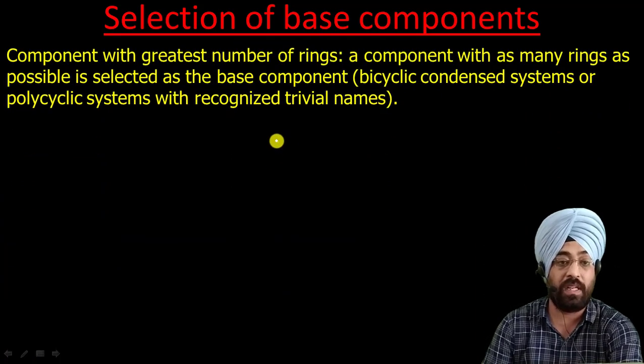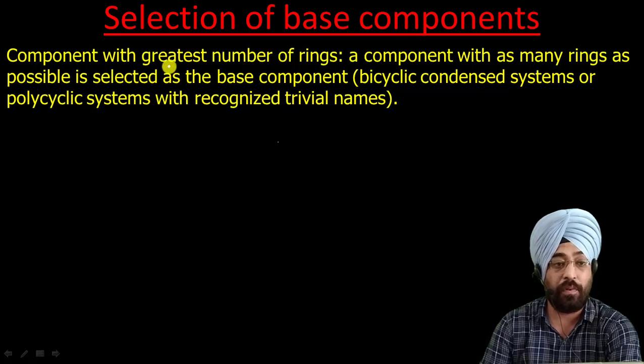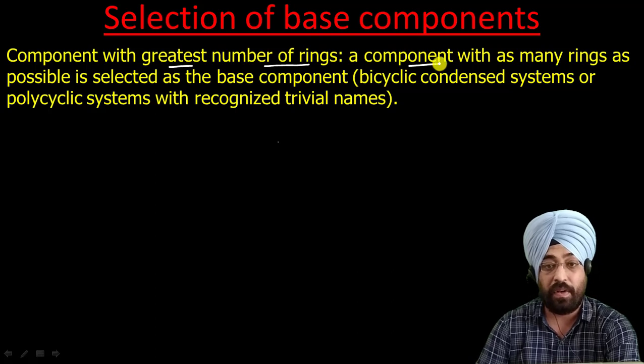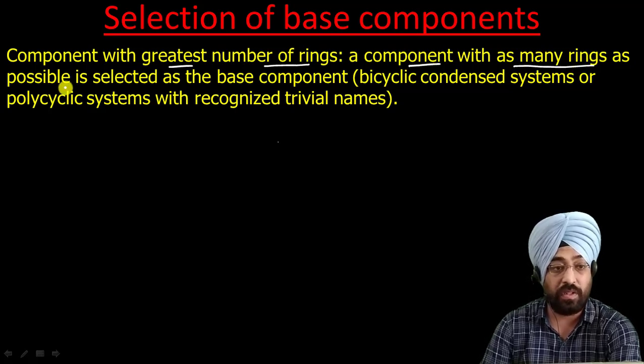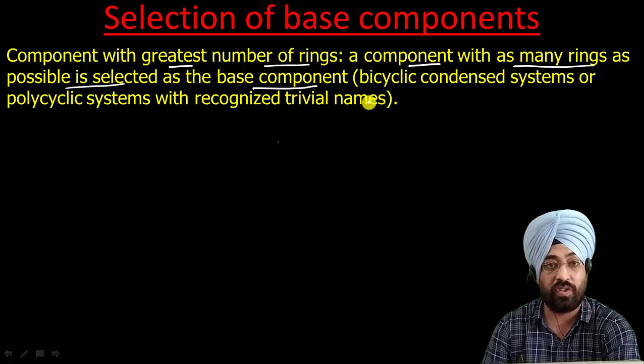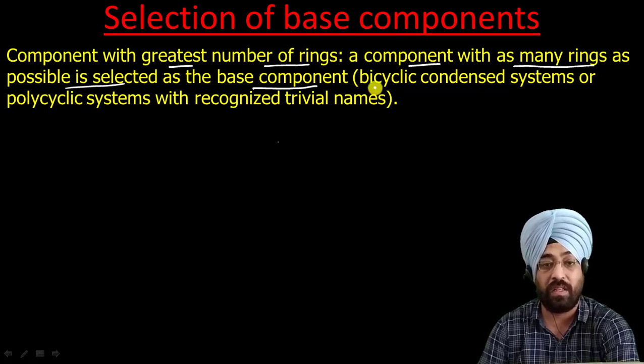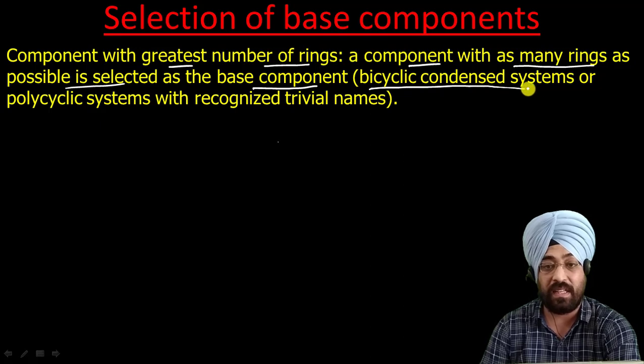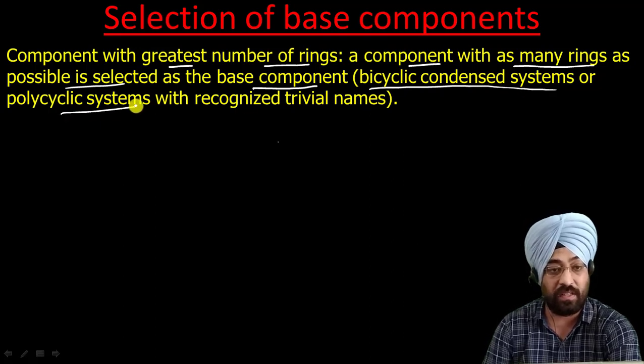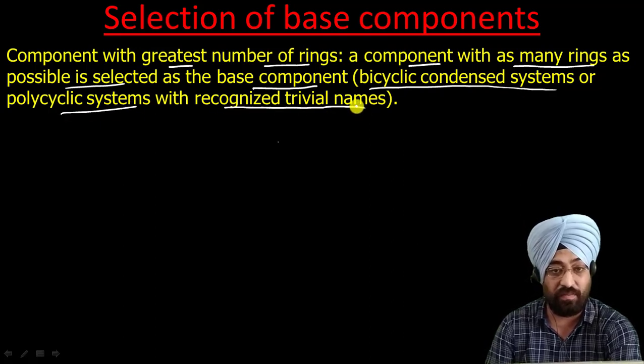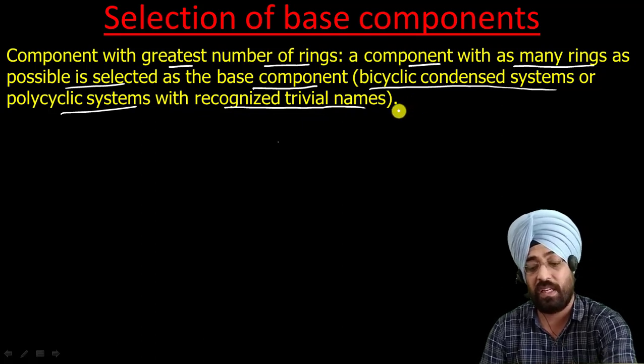It says the component with the greatest number of rings. A component with as many rings as possible is selected as the base component. This we will do for those systems which contain more than 2 rings. So bicyclic condensed systems or polycyclic systems with recognized trivial names are chosen as base components.